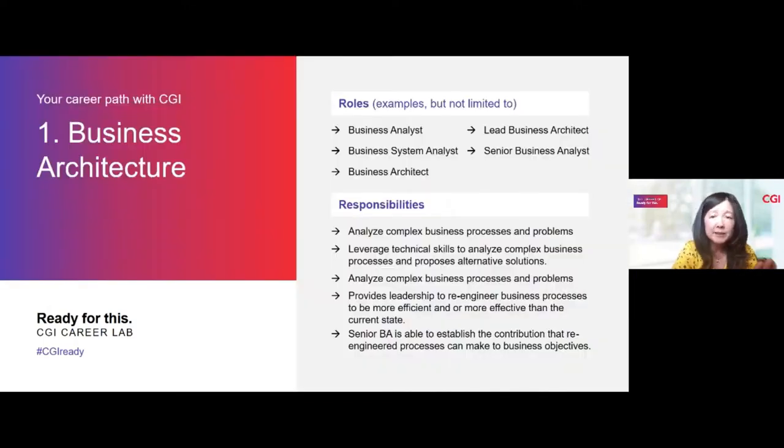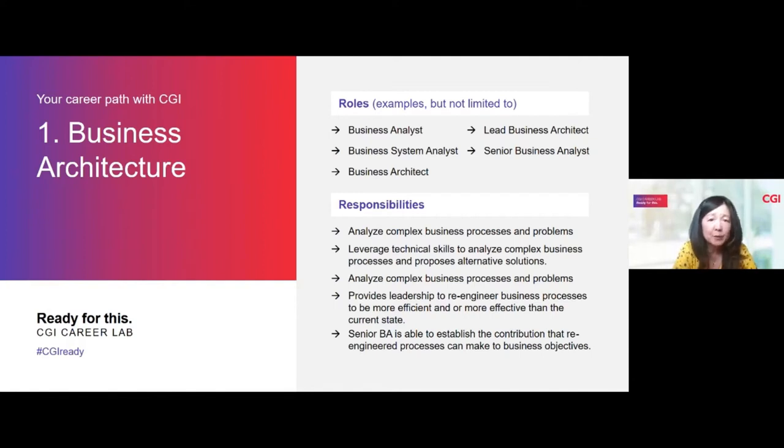Business architecture focuses mostly on re-engineering business processes and requires a broad understanding of business, technology, and architecture concepts. This family creates insights and perspective into ingrained business planning issues, functional interdependencies between business areas, and cross-organizational duplications. Some of the roles listed are business analyst, lead business analyst, and business system analyst.